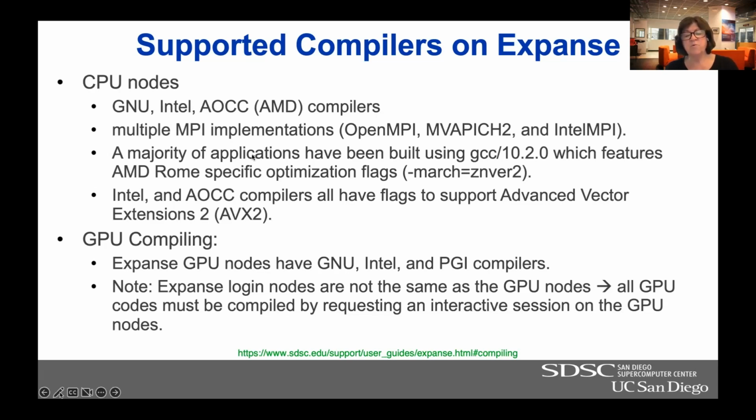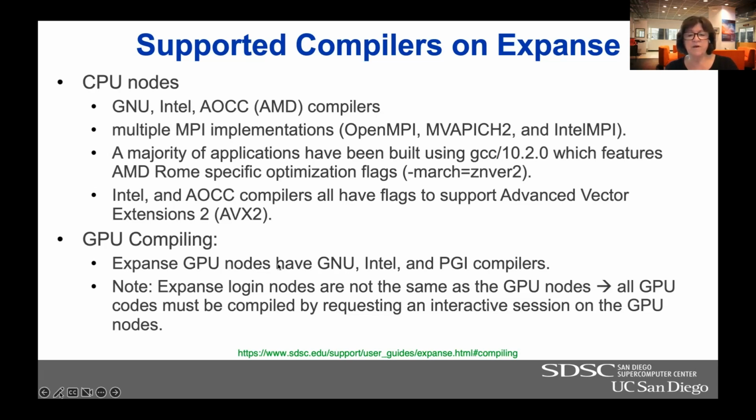And so it'll be easier to port your application around. And then Intel and AOCC have flags to support the advanced vector extensions, which give you higher performance. And we'll talk about that next week in our performance sessions.